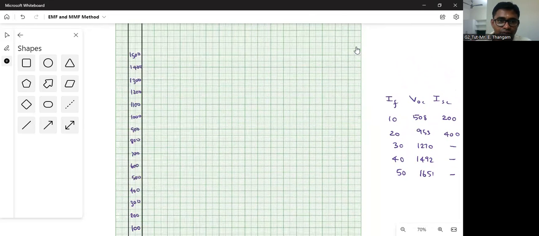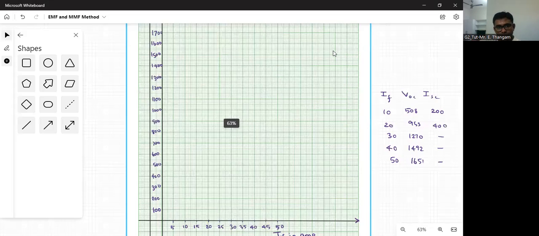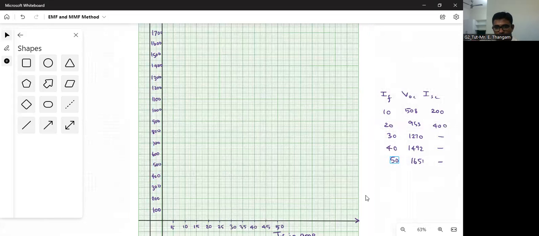Till 1650 we need to mark, so up to 1700 we can mark. Okay, sorry, 1600, 1700. So we have taken 1 centimeter equal to 100 volts, and all the points we can mark now.